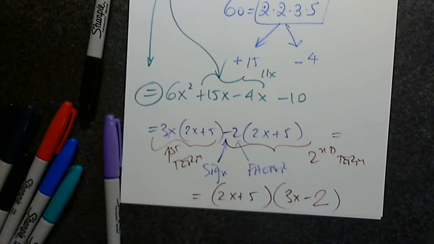Anything else from here? Anything else on this part of factoring? Why did my stuff disappear here? I'm not sure.